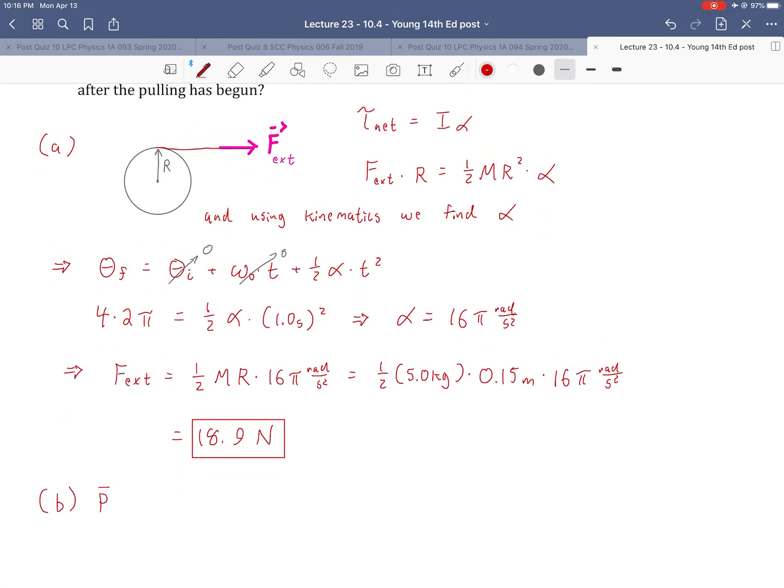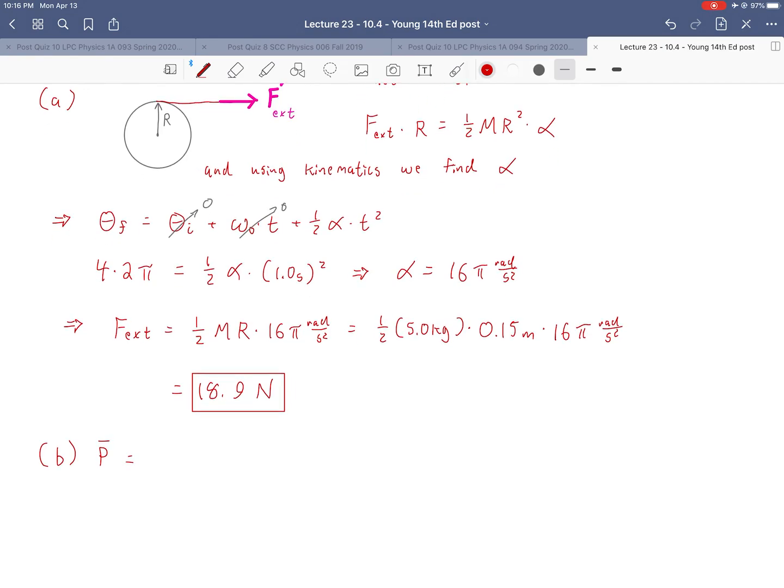Okay, so average power, by definition, is just going to be our force, basically, or our torque over time. Okay, so we just have our torque over time, okay? And our torque is just going to be basically the force, the radius, and that's it.